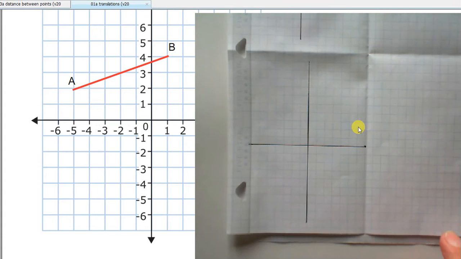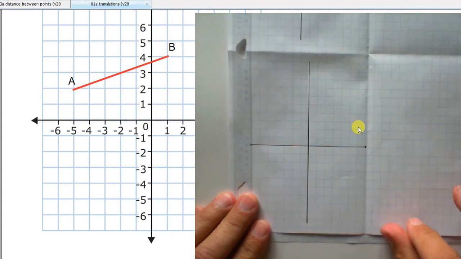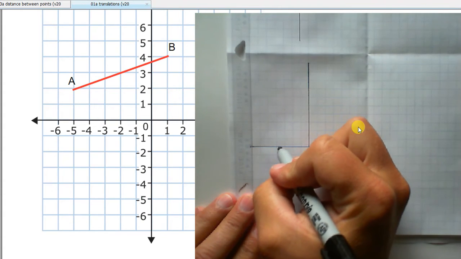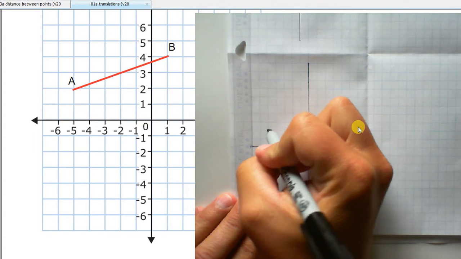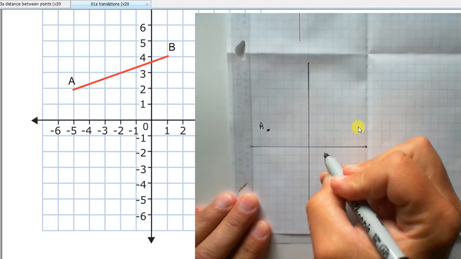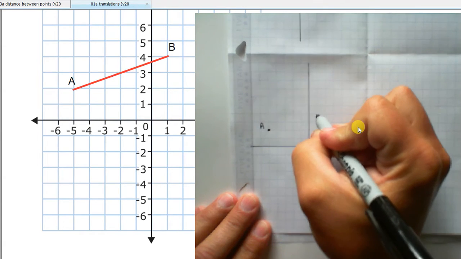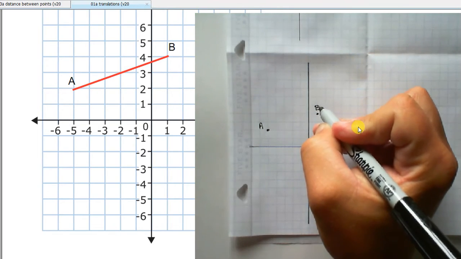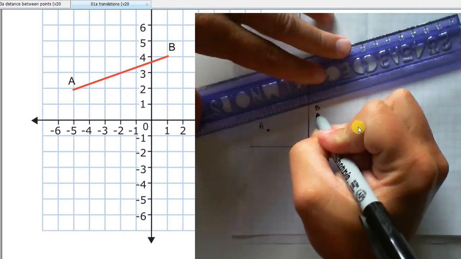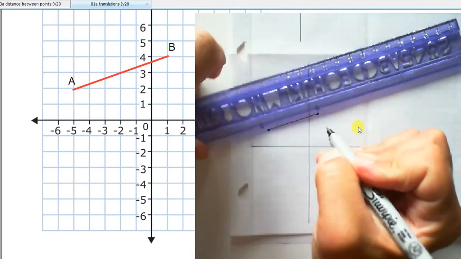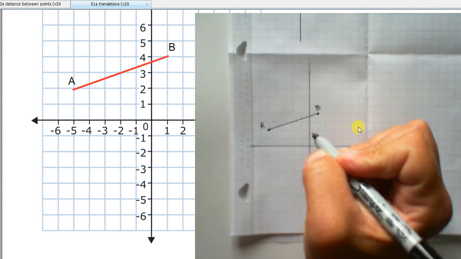There's my coordinate system. Point A is at -5, 2. And B is at 1, 4. So there's our line segment, AB.